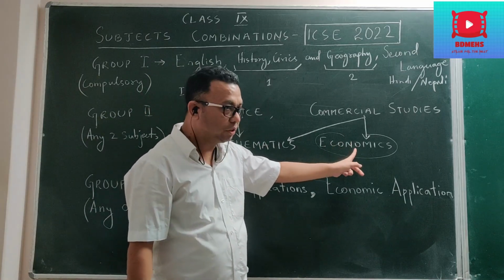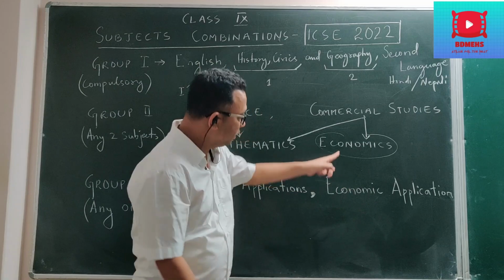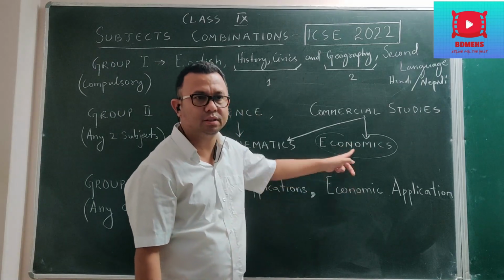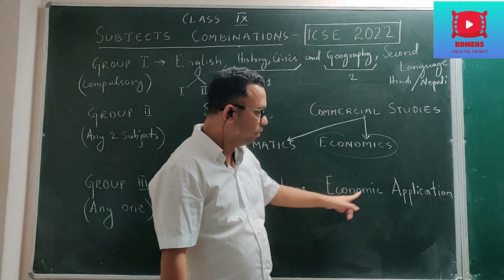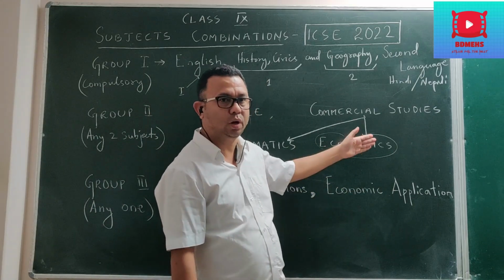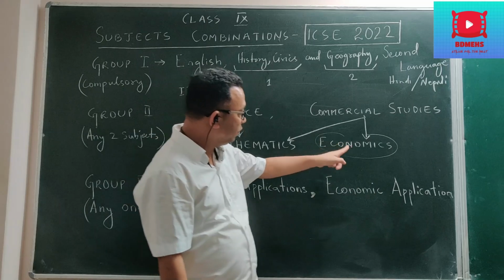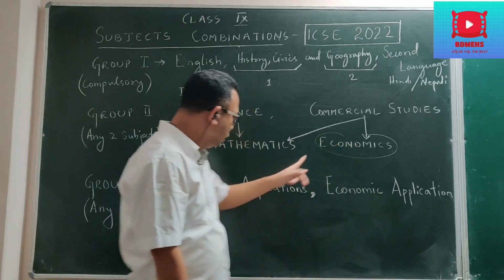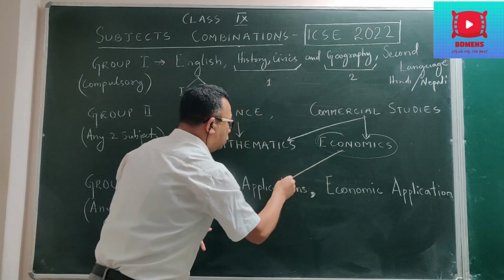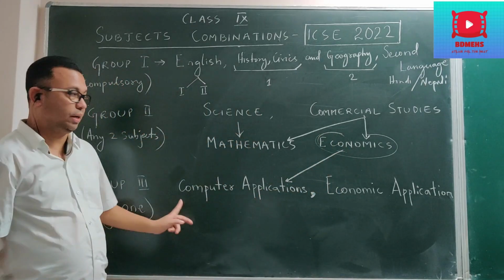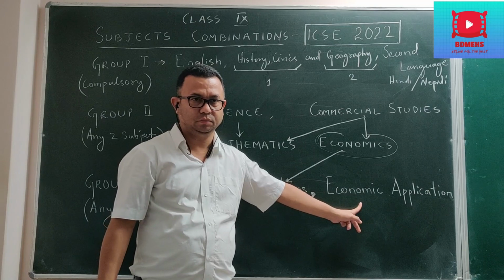And if you have taken economics, means you cannot take economic application, as both these are very similar subjects. So that's why the board is not allowing you to take economics and economic application together, one in group 2 and the other in group 3. So if you have taken economics there, then you have to take computer application. So any economics student, now you have to go for computer application. You cannot take economic application.